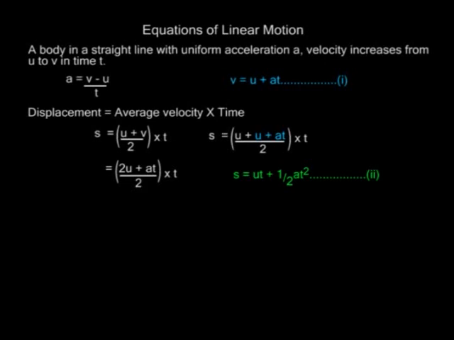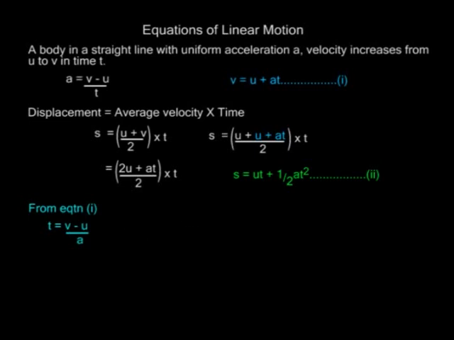Now, from the equation v is equal to u plus at, if we make t the subject of the formula, we shall have t is equal to v minus u over a.